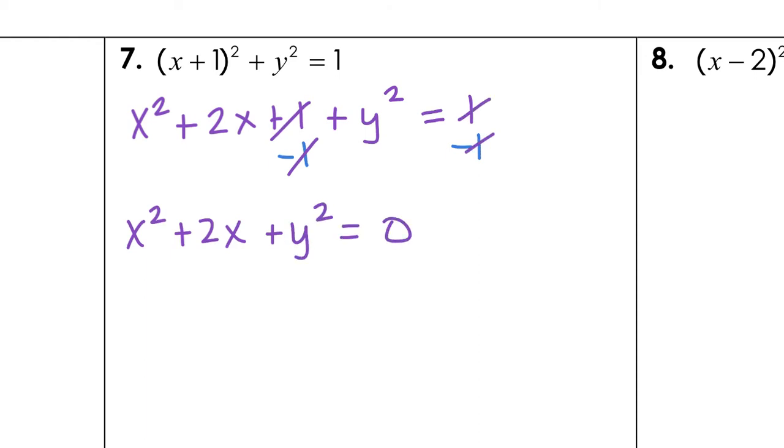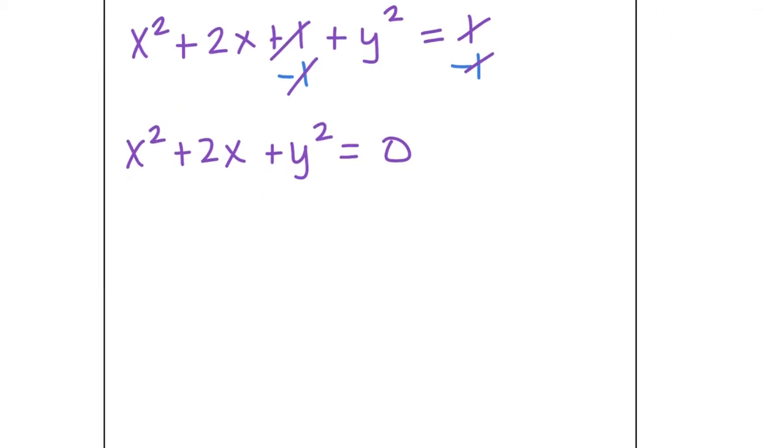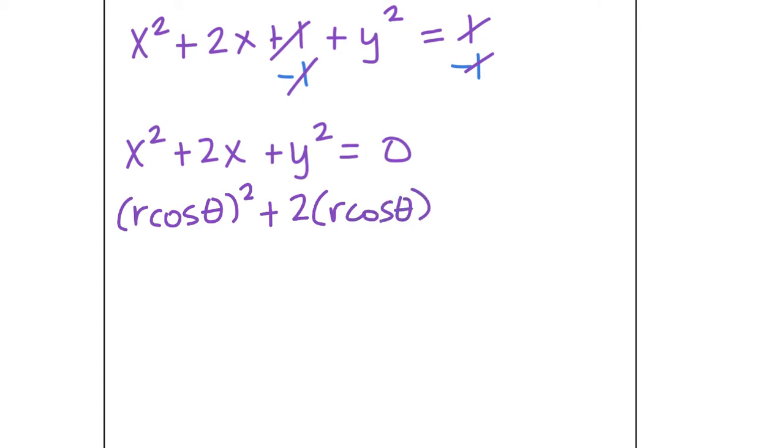It also happens to cancel out from the right. Now I'm going to plug in those things that we know. So x is r cosine theta squared plus 2, again, r cosine theta, because we have an x, plus r sine theta for y, that one is squared, equals 0.